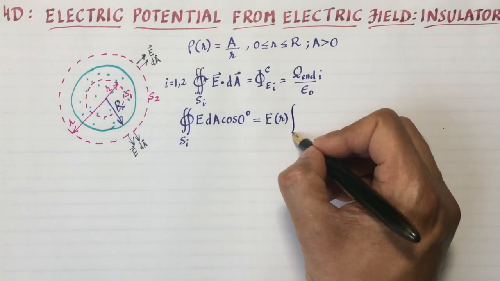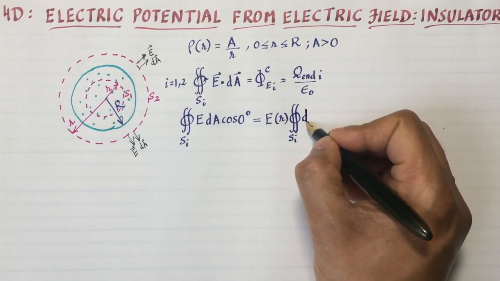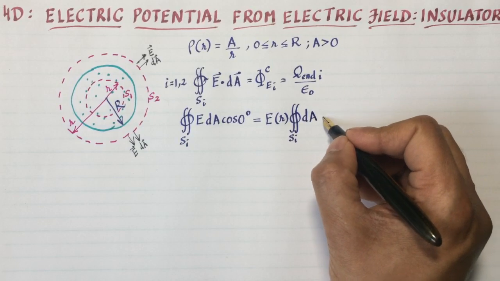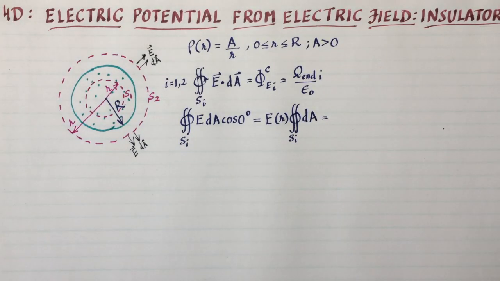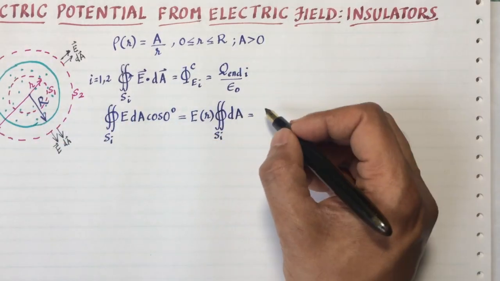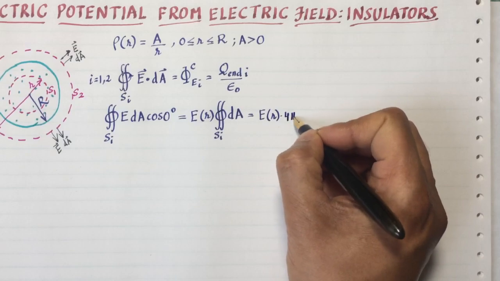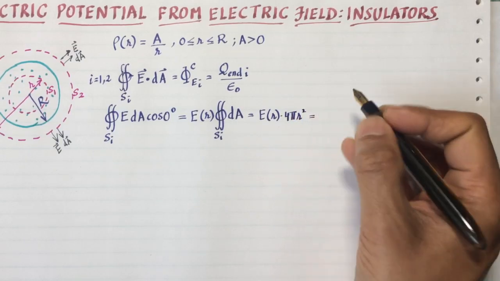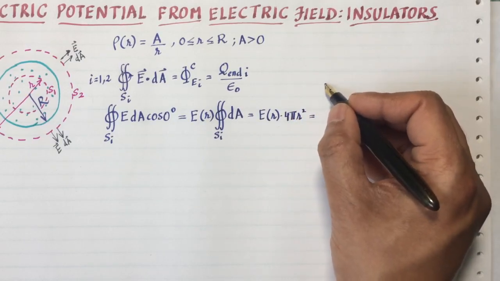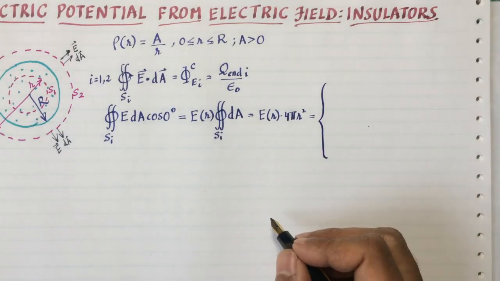And then I have the double integral of the area dA. Now that, because I've called both of these Gaussian surfaces the same radius r, is just E of r times 4 pi r squared. The right-hand side then is what we need to worry about. The enclosed charge over epsilon naught is the right-hand side.